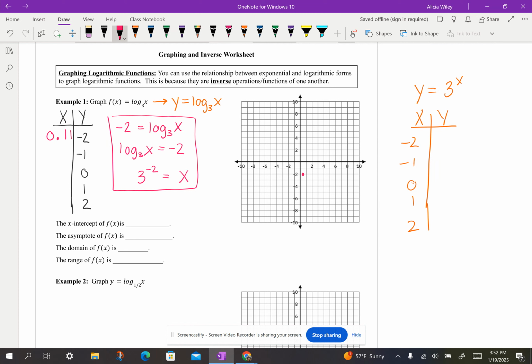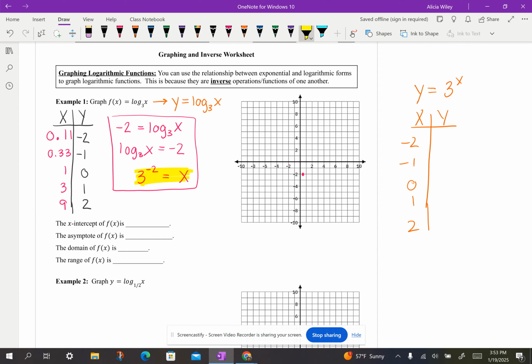Okay, so you could have plugged these in, and hopefully for these values you got 0.33, this was 1, this was 3, this was 9. Plugging those in, that's what you should have gotten for each of the numbers. And remember, to do that, you're going to have to think about the exponential form to get to that answer.